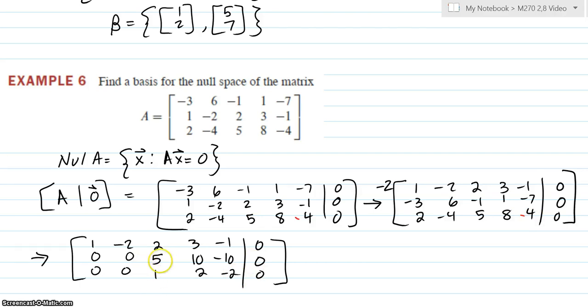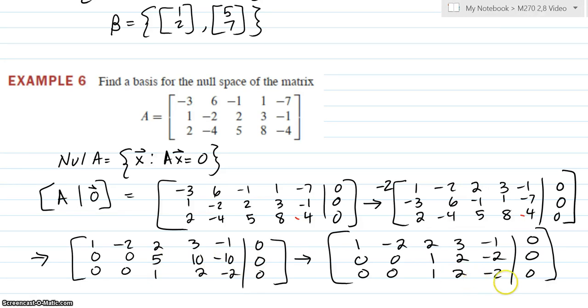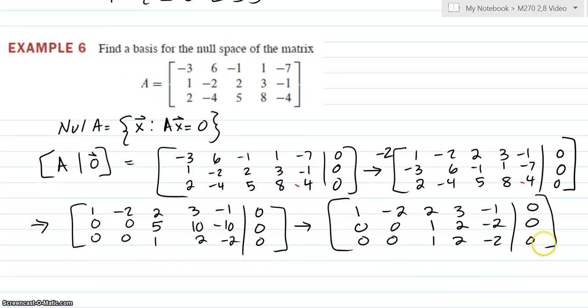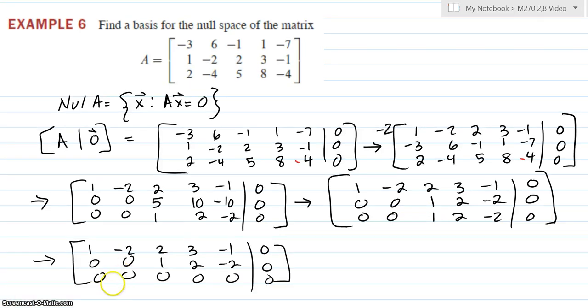I'm going to go ahead and divide that second row by 5. And I realize that I just get a row of zeros at the end. And now I can see I have a bunch of free variables: x2 is free, x4 is free, x5 is free. I'm going to get a 0 here, because it's easier when you have free variables to get the reduced echelon form.